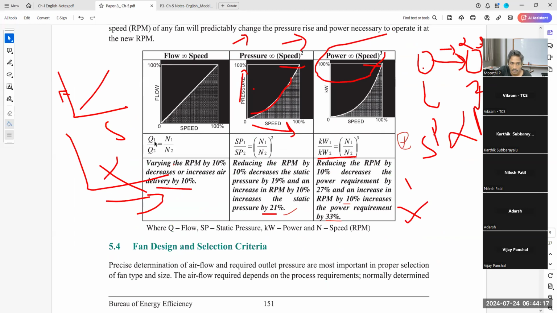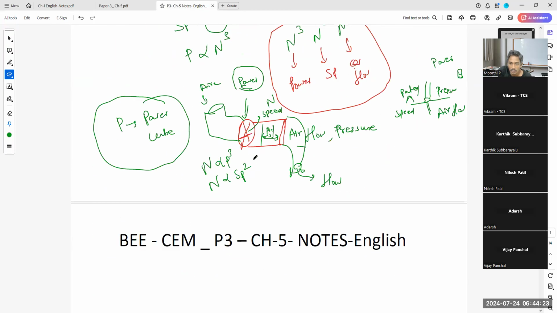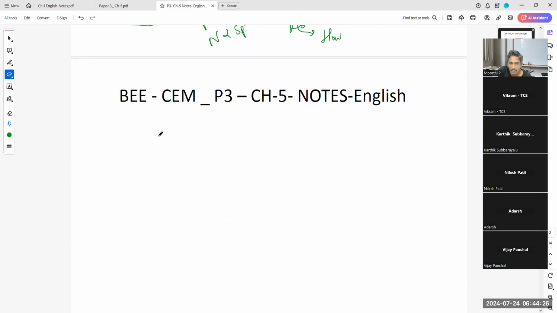This is the basic formula. Why are we using this formula? Why do we have to use this formula? Anyone? Why are we using this formula? Anyone guess? The basic guess is that we need to compare the old one with the new one.